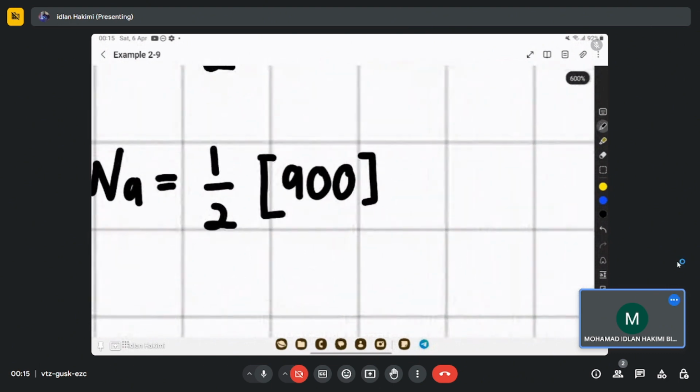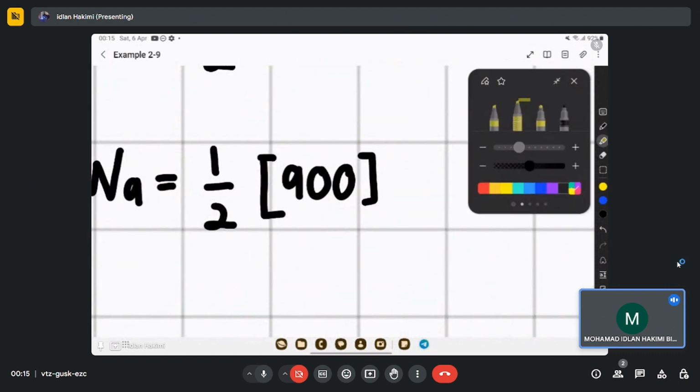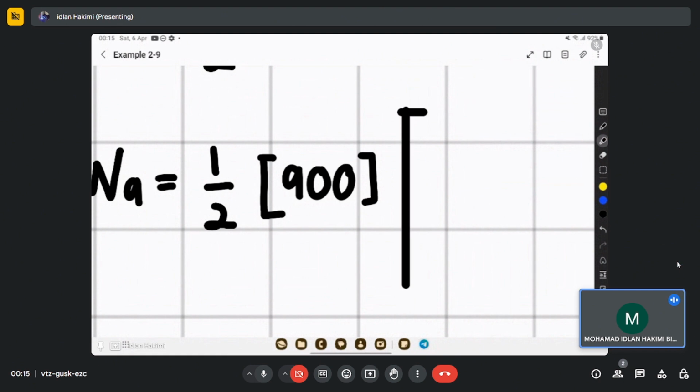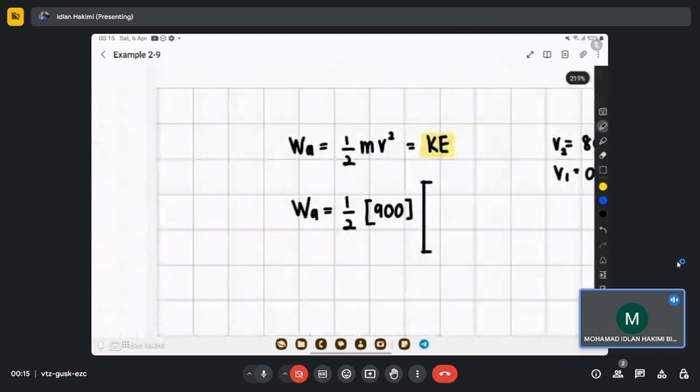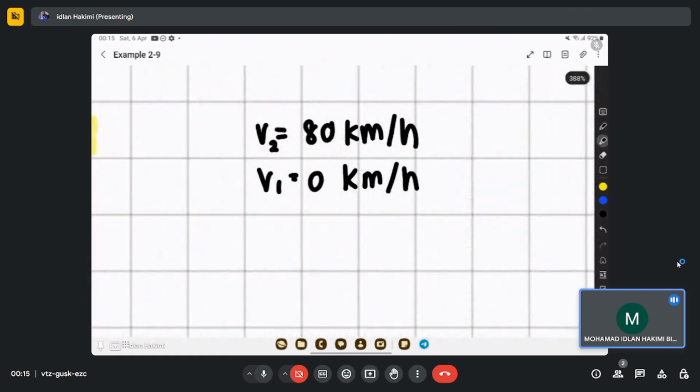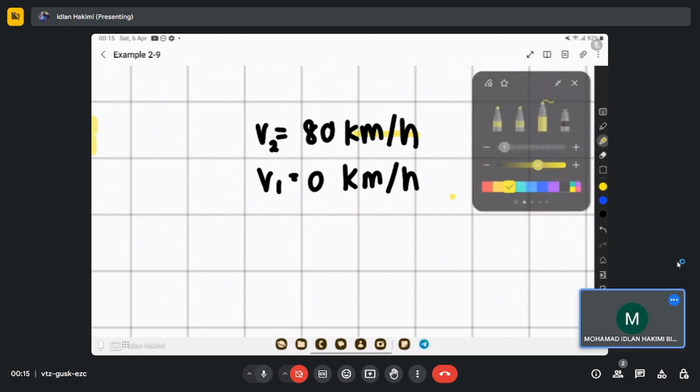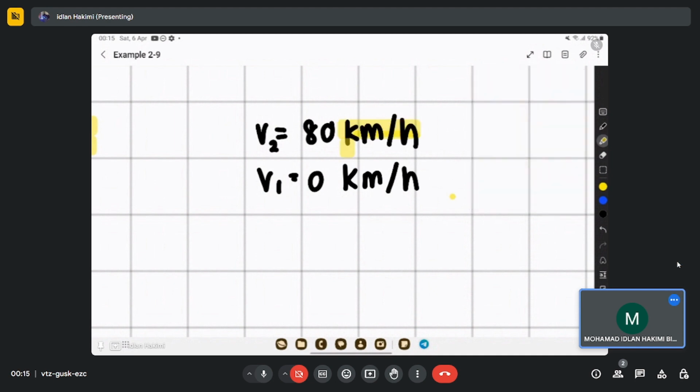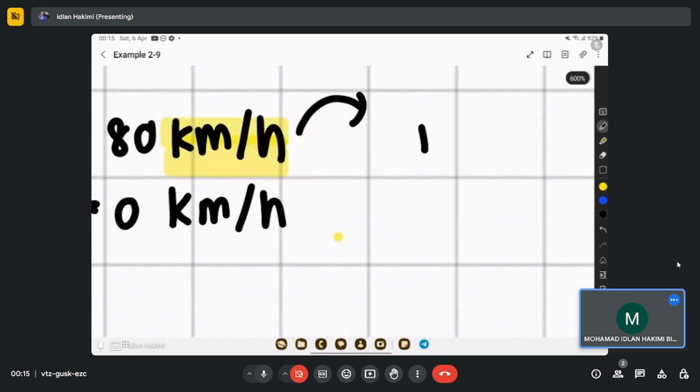From the velocities, we should change the kilometers per hour to meters per second, which is m s negative 1.